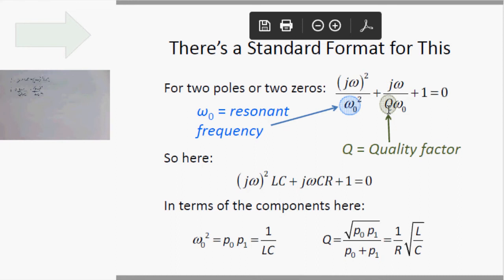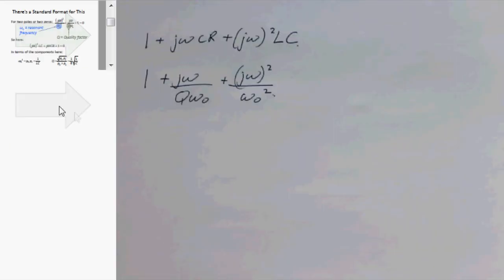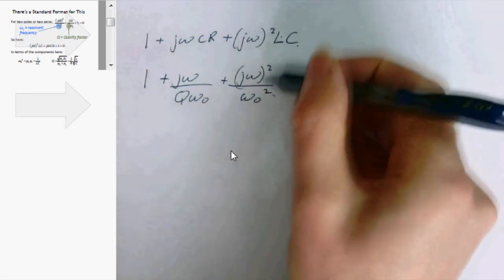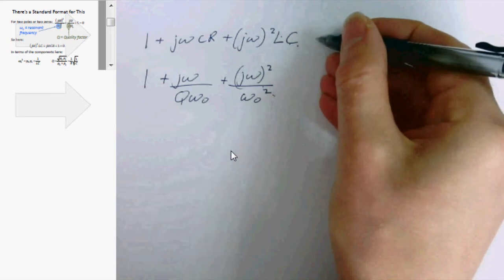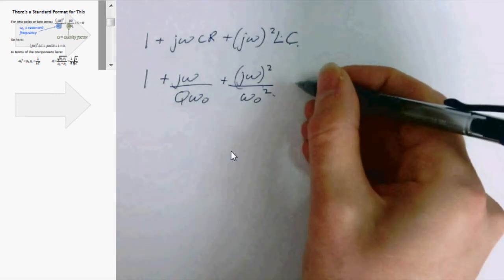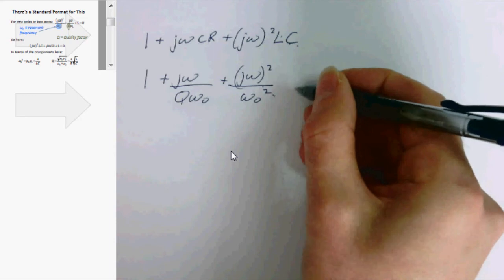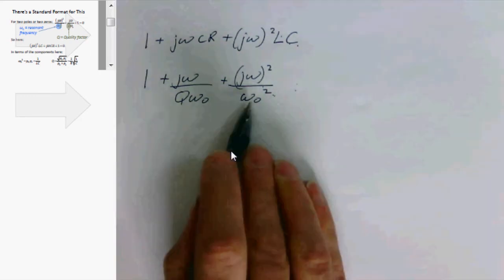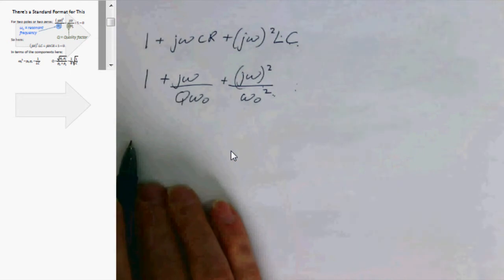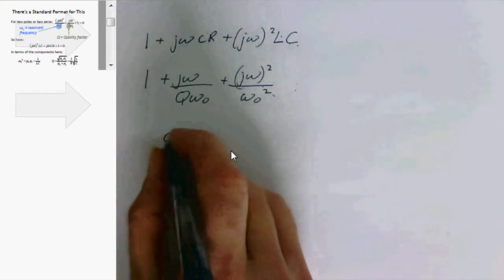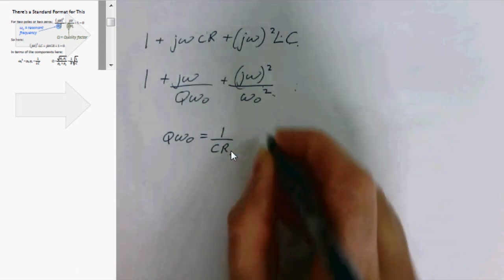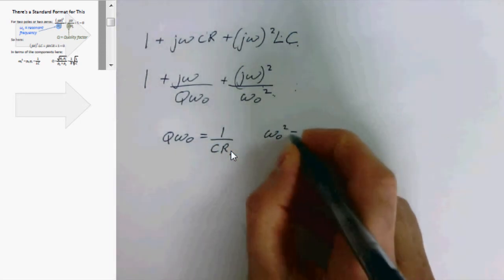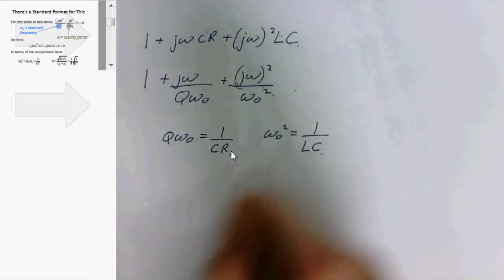So, to work out what Q and omega naught are in terms of the parameters of the circuit, we just have to equate these two expressions. This one that we got from the potential divider equation, and this is the general form for expressing a second order response in terms of a resonant frequency and a Q factor.